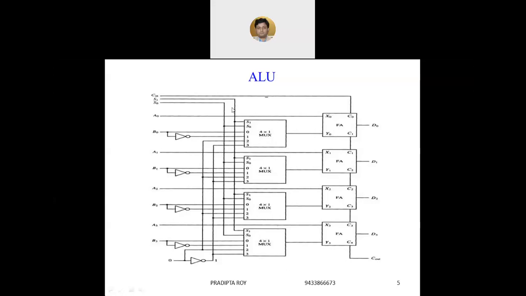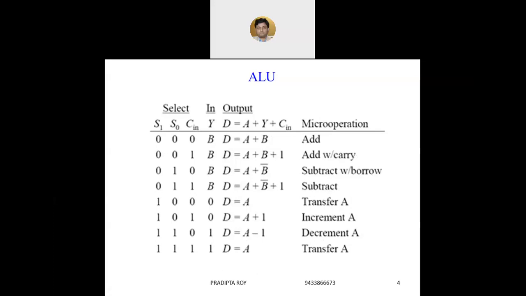So input line 3 of every MUX is connected to 1, which is basically obtained by inverting the input 0. So A plus 1 will be performed by the arithmetic circuit.